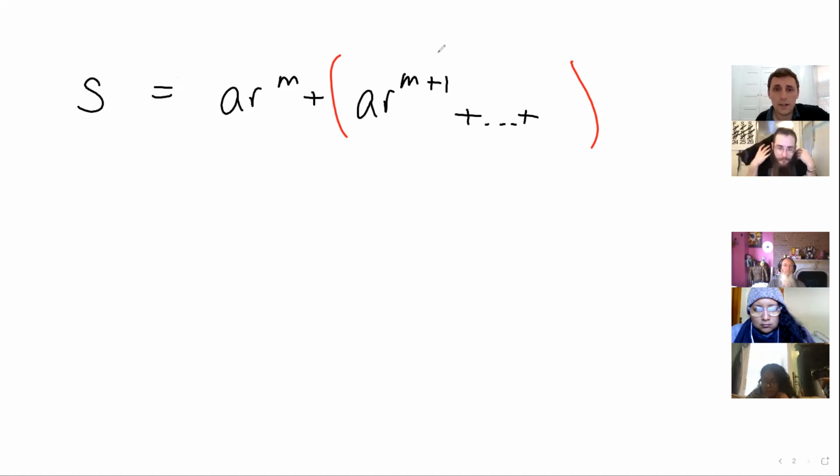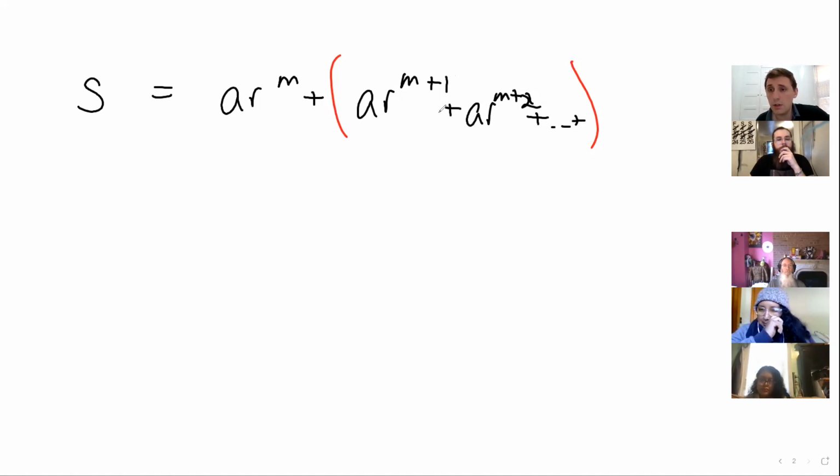Maybe I should write a few more terms, and onwards, m plus 2. So you understand it's going on forever. What would you do to the red parentheses to recognize that it is essentially the same as the original sum? What do I do?